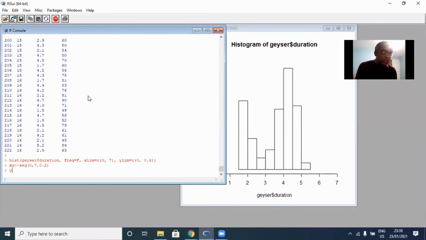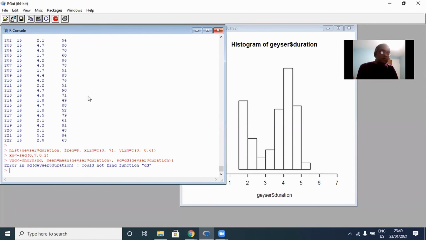And suppose y.xg are the values of the fitted normal PDF, in other words dnorm at xg, with the mean parameter taken to be the mean of the data at duration, and the standard deviation parameter taken to be the standard deviation of the data at duration.